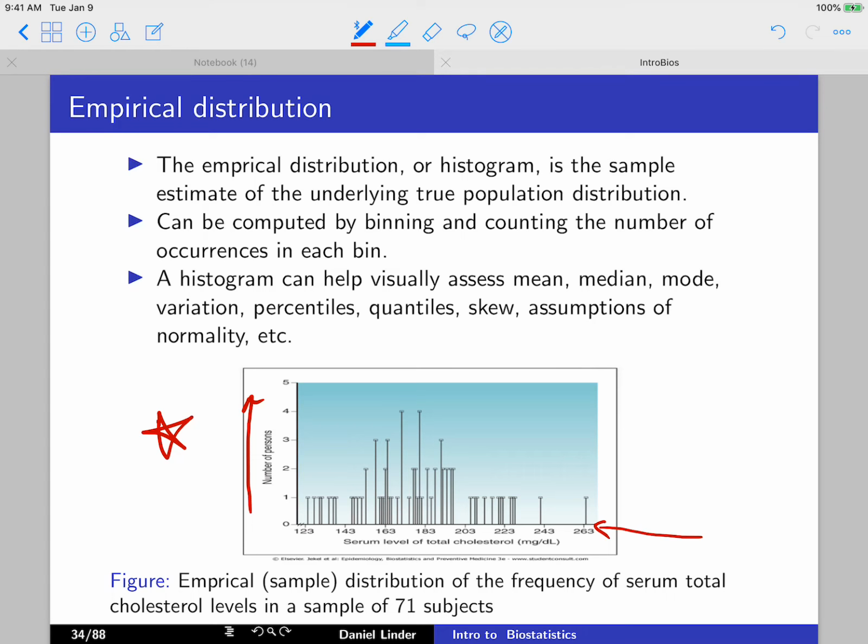So for instance, this point here would indicate that this cholesterol level was observed 4 times in the data. So 4 people had that cholesterol level. Similarly, this value here would indicate that 3 individuals in the data set had this cholesterol level.